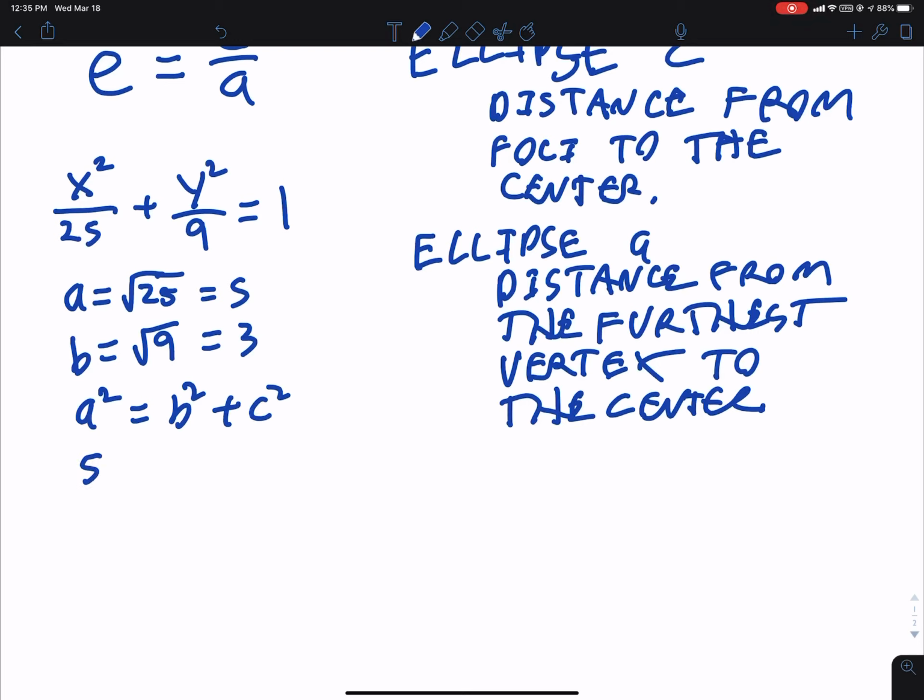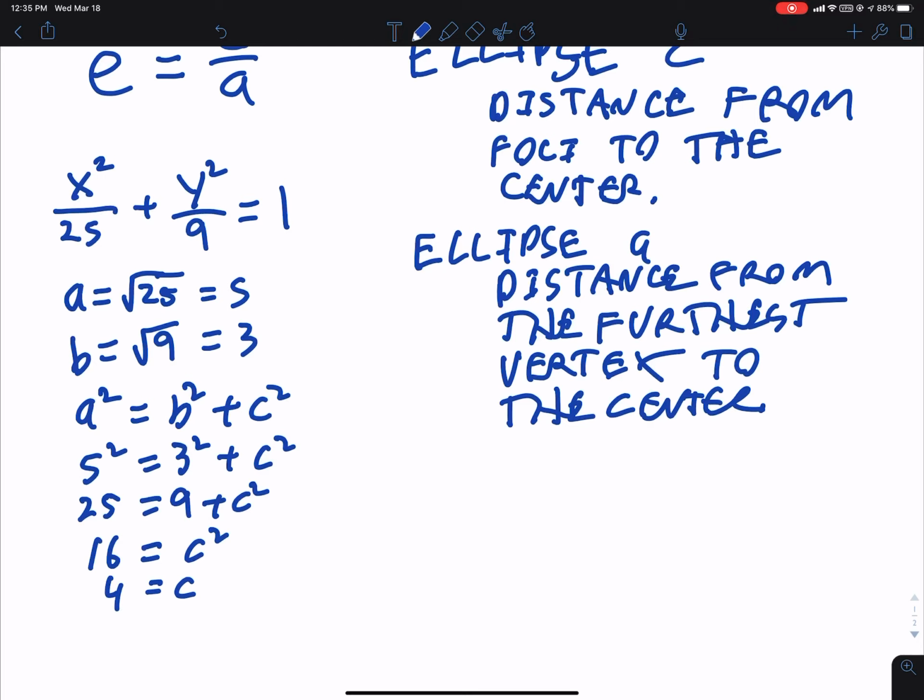So if we put these numbers back in, we can calculate C. So we find that C is 4. Now we can calculate the eccentricity. It's just going to be 4 over 5.